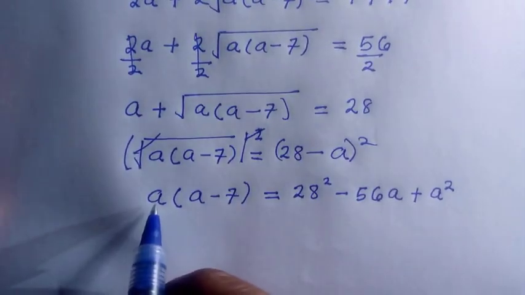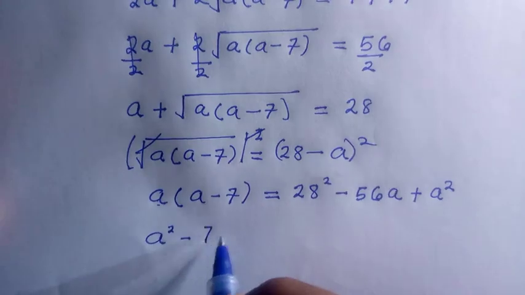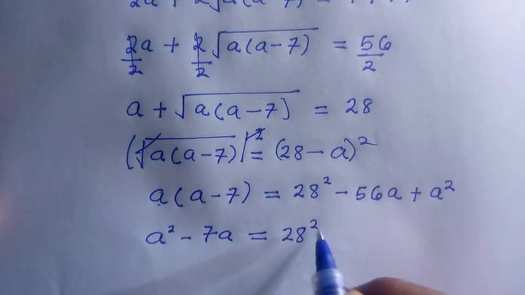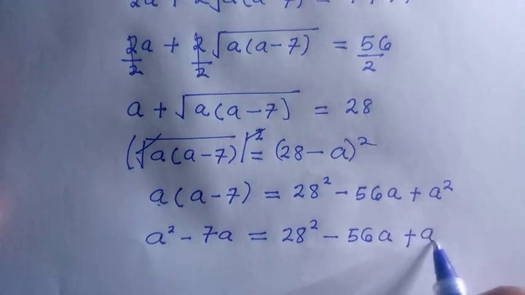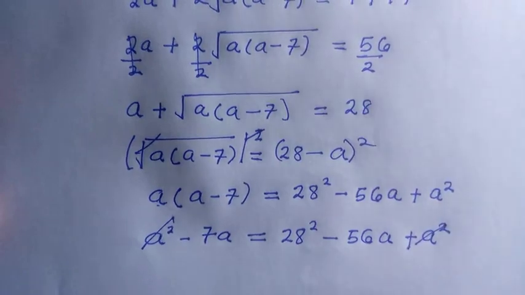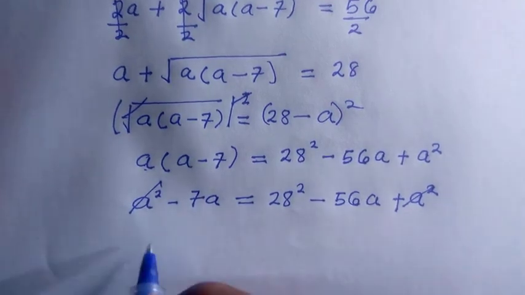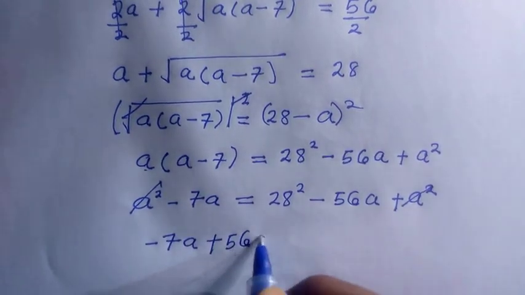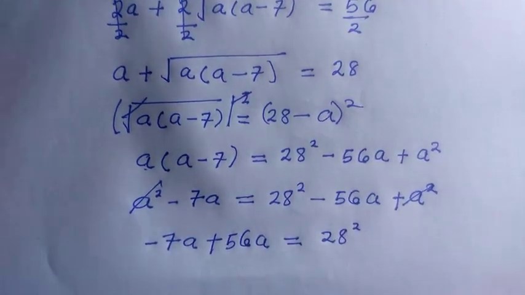Then a multiplied by a is a squared, minus a multiplied by 7 gives 7a, equals 28 squared minus 56a plus a squared. So a squared cancels a squared. Then we collect terms: minus 7a plus 56a equals 28 squared.